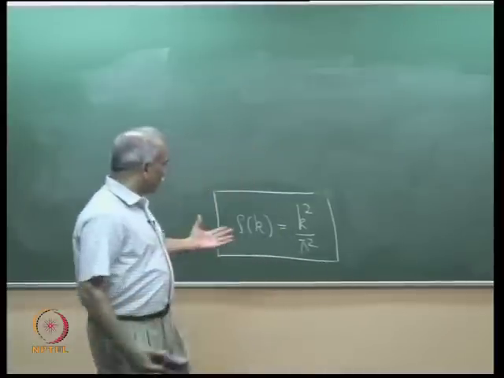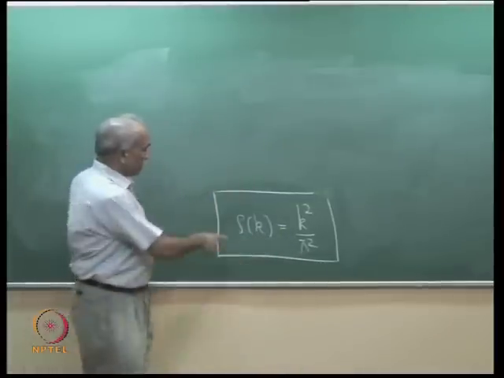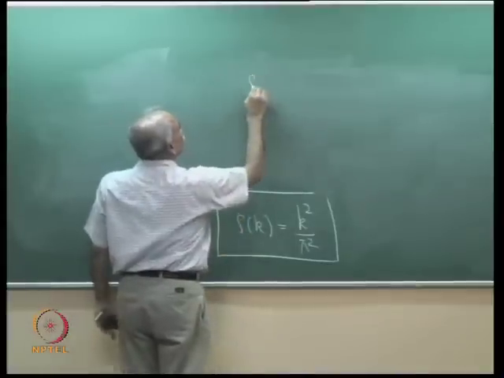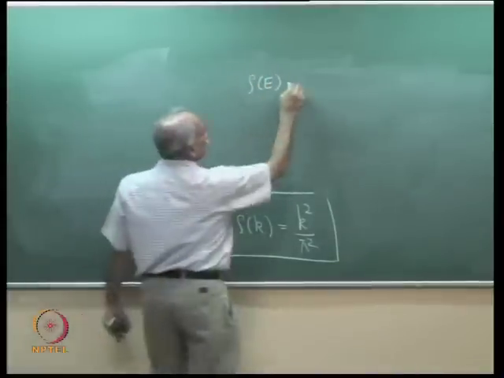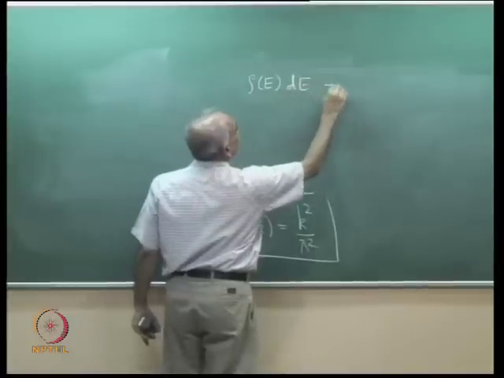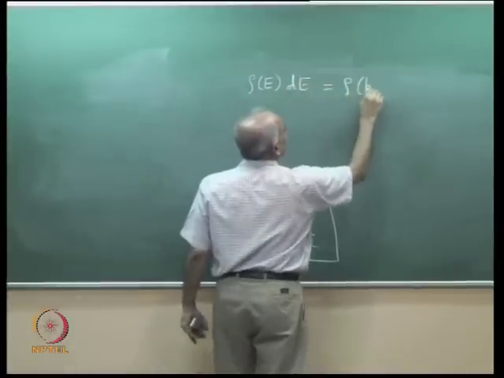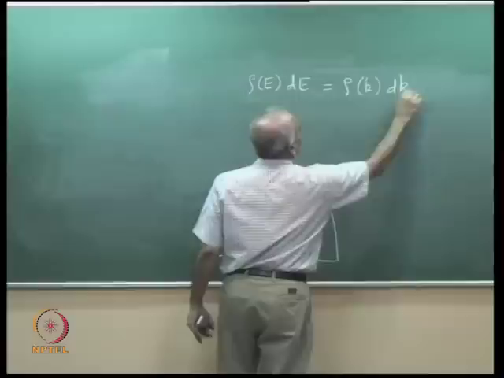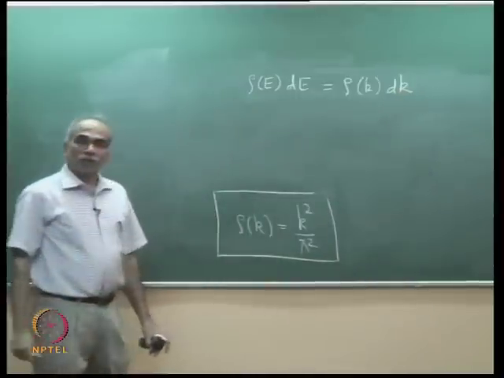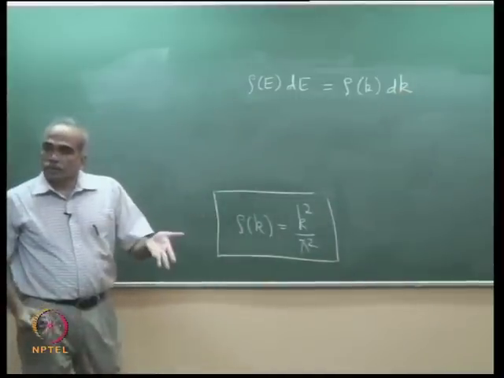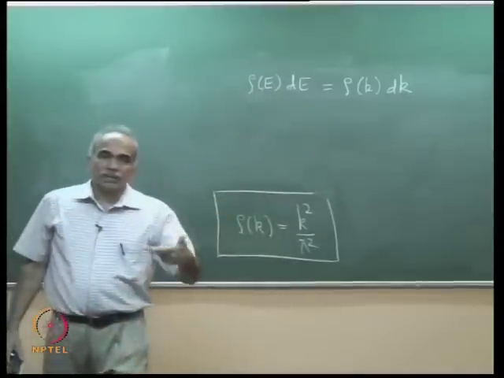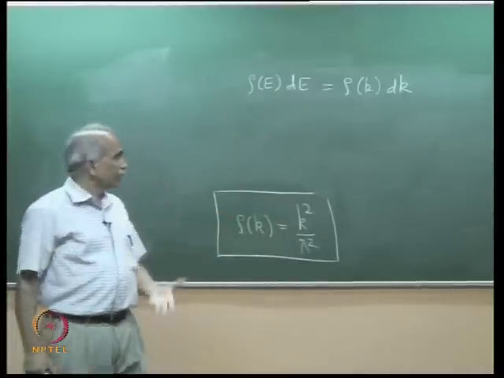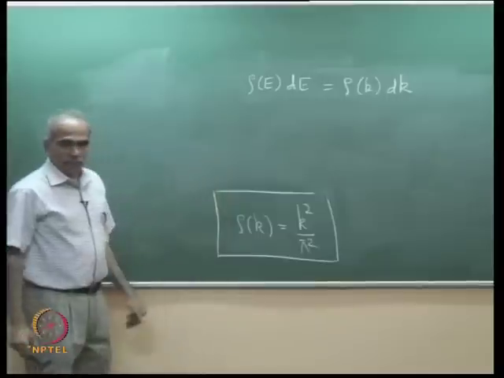So we would like to have the density of states in the energy state, which means rho of E. How to get rho of E? We know this. The number of states between k and k plus dk is equal to the number of states between E and E plus dE. This is what we saw in the last class from the EK diagram.